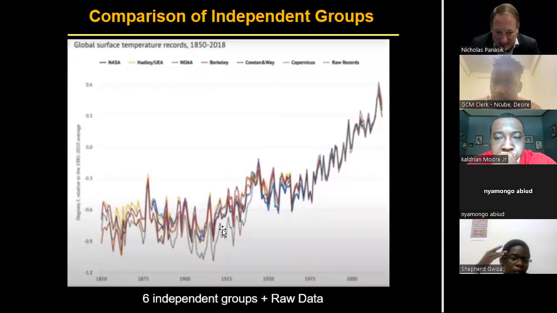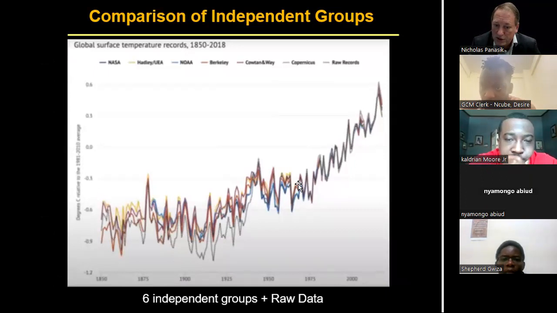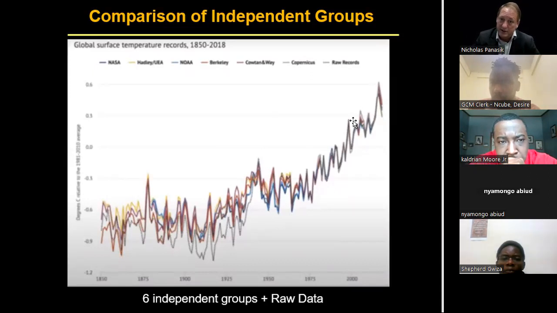And you can see, except for the period between 1900 and the 1930s, you see a huge amount of agreement with the raw records. They're essentially giving you the same conclusion that you would even without the adjusted data. But again, if you don't adjust the data, people can say, well, what about heat island effects and urbanization? What about thermometers that aren't properly being taken care of, etc. And so that's adjusted here.